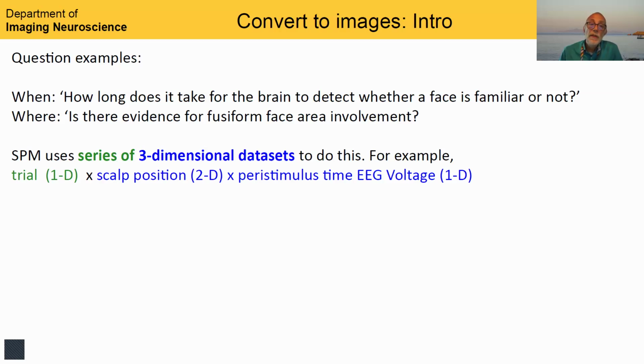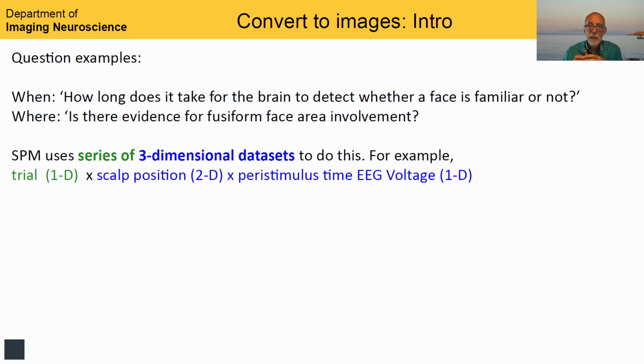SPM uses three-dimensional data sets, which are like volumes. And this is an image of a volume. Here it's a bit more abstract than structural or functional MRI scans.